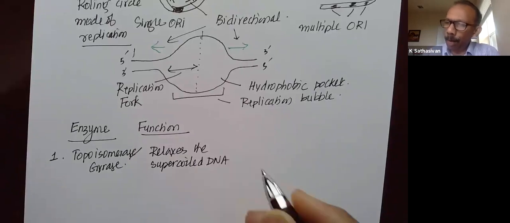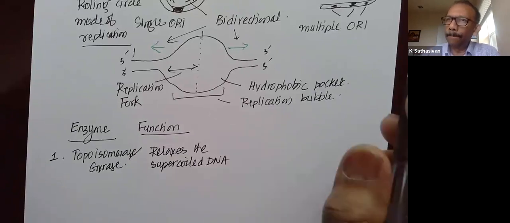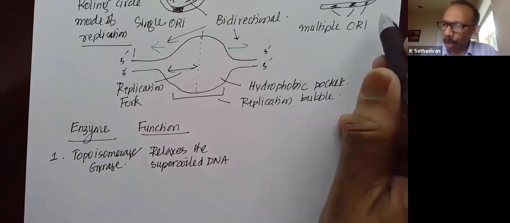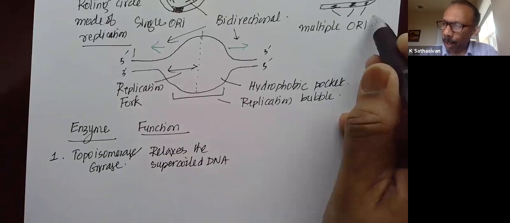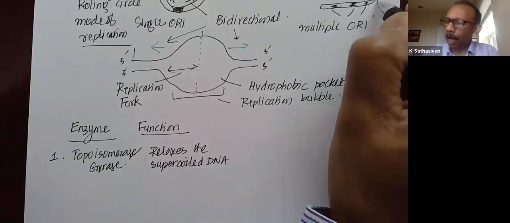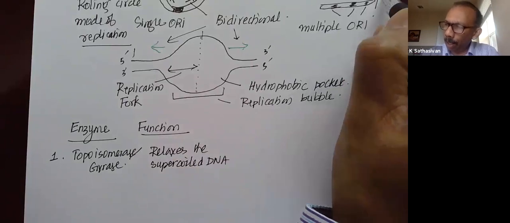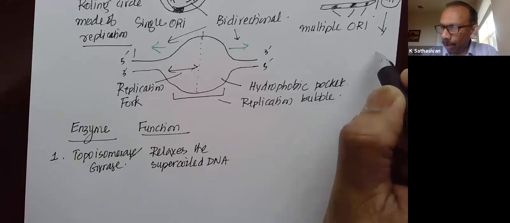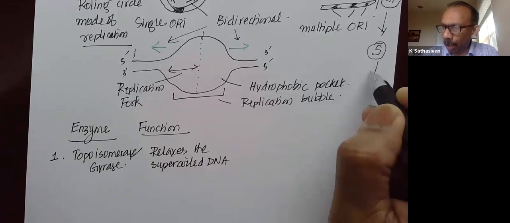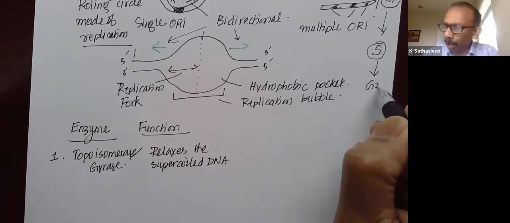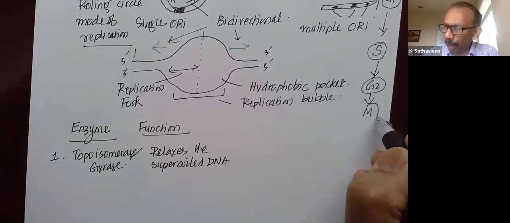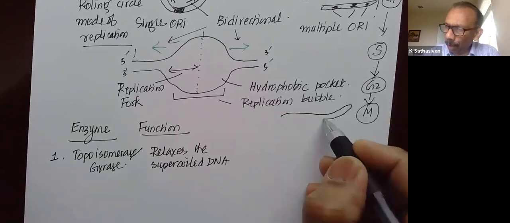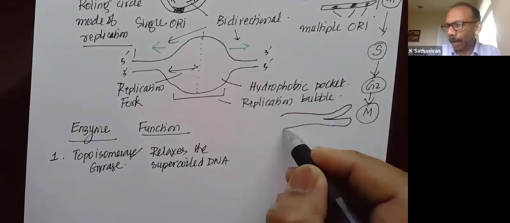If you remember in mitosis and meiosis, this is G1. After they replicate, they go through the S phase, and then they go into G2 and the M phase. This is when you would see the chromosome; the replicated metaphase chromosome is visible only during this M phase.